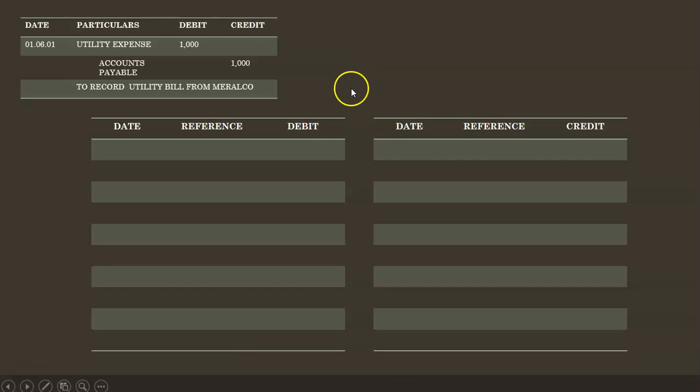Utility and accounts payable. So, utility expense. We put it in the debit because it is debited in our journal book. Okay? So, again, the reference. Okay, 1,000 pesos debit. And we are done with this.